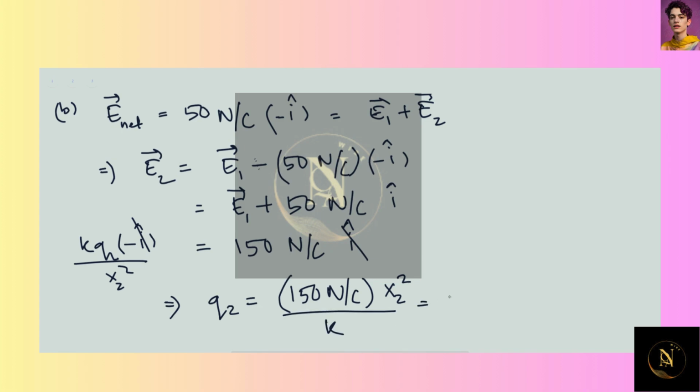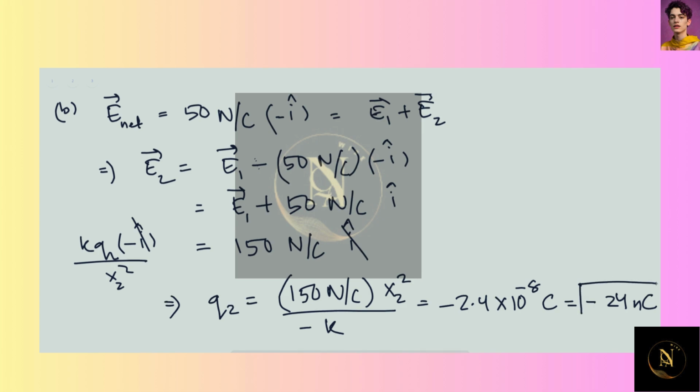And solving this after plugging the values, we find Q2 to be negative 2.4 times 10 to the power minus 8 Coulomb. Therefore, this can be written as negative 24 nanocoulomb.